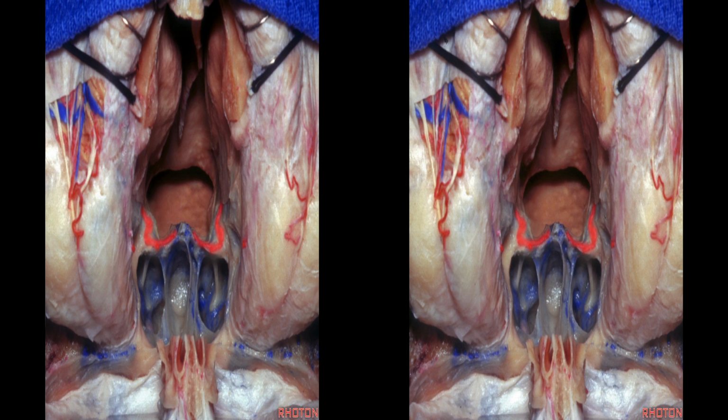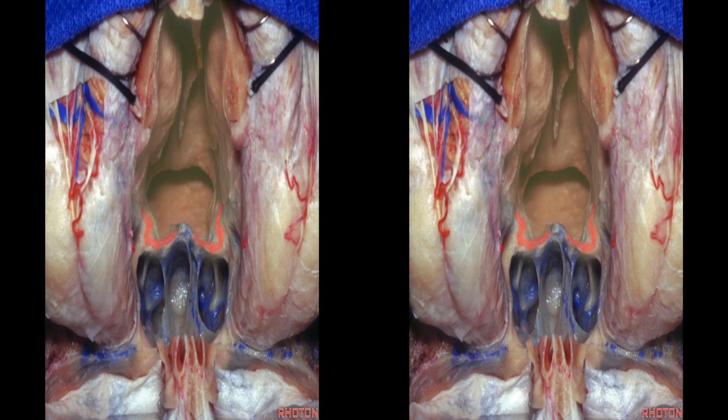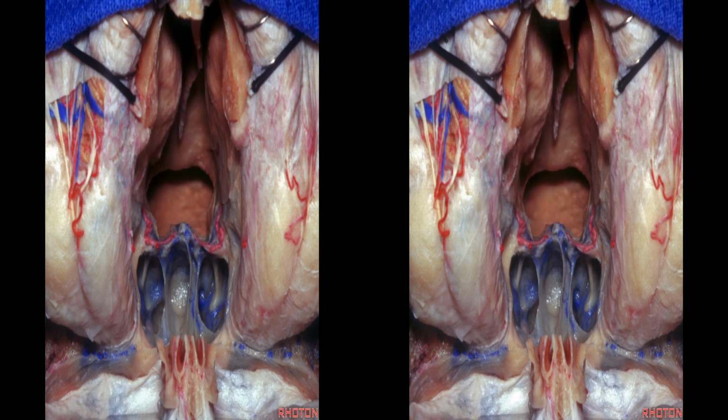So these are just in the lateral wall of the nasal cavity here. Now, we see the septated sphenoid sinus. The lateral limit of the exposure anteriorly are the optic nerves. Now, what are these?